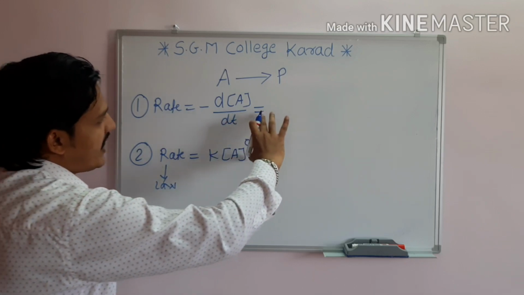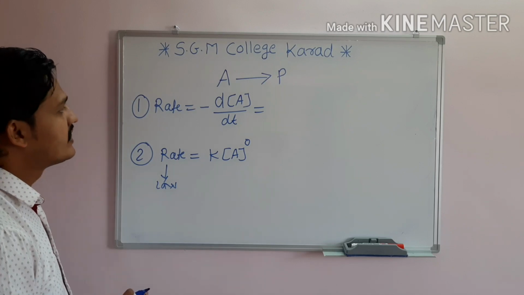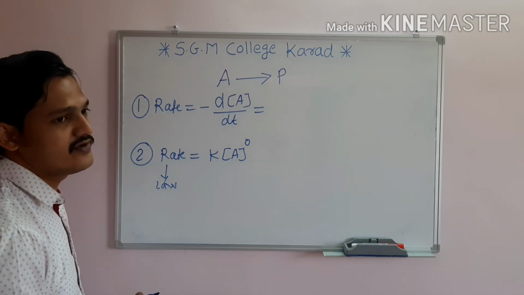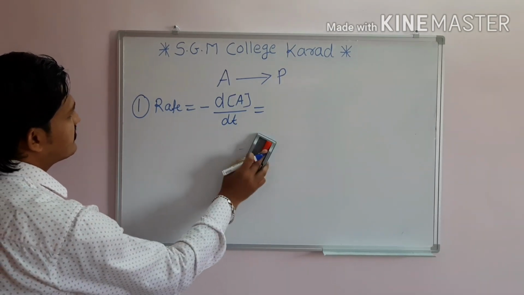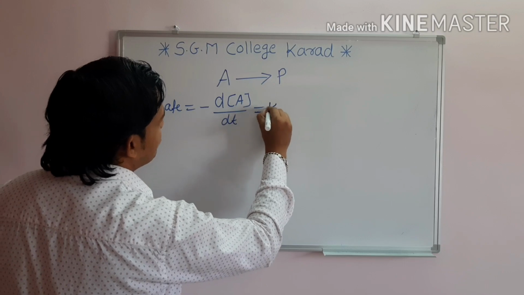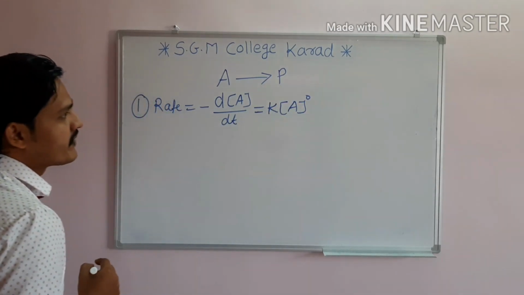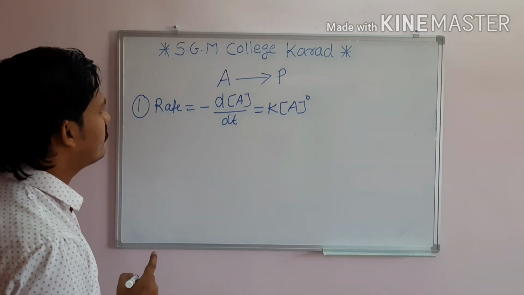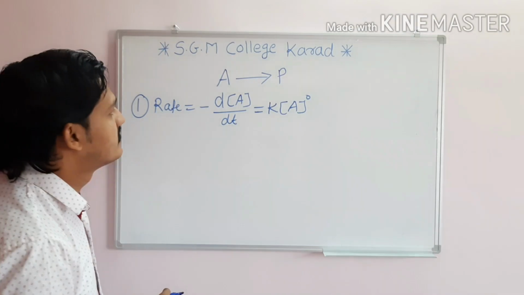Now combining these two equations, we get rate is equal to minus d[A] divided by dt is equal to k[A] to the power 0. This is how to write rate law because these are equal quantities.